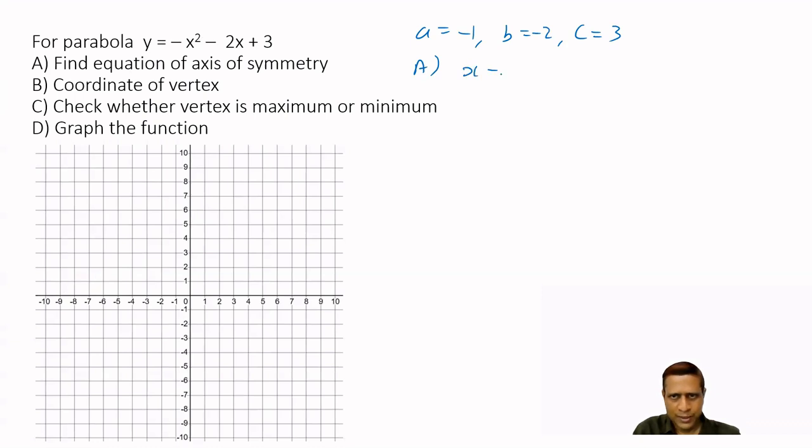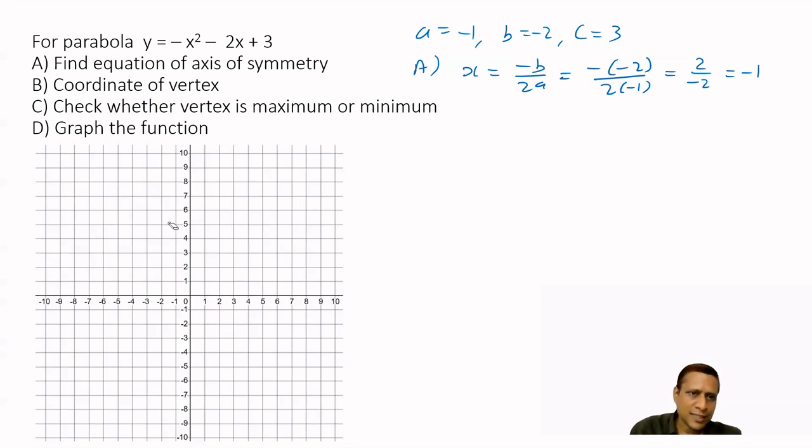The axis of symmetry is x equal to -b over 2a. That is negative of -2 over 2 times -1. Correct? Which is 2 over -2, which is -1. So x equal to -1 is the axis of symmetry. So the parabola will be symmetric about this line, x equal to -1.